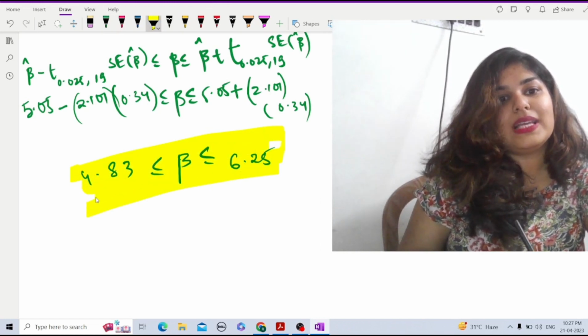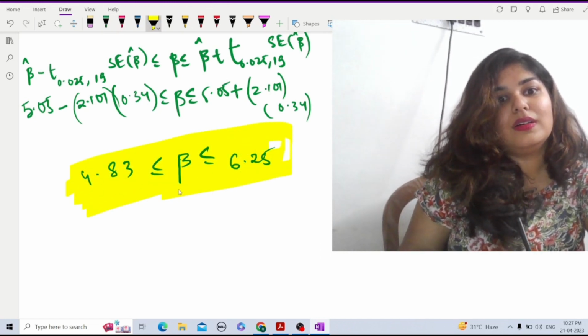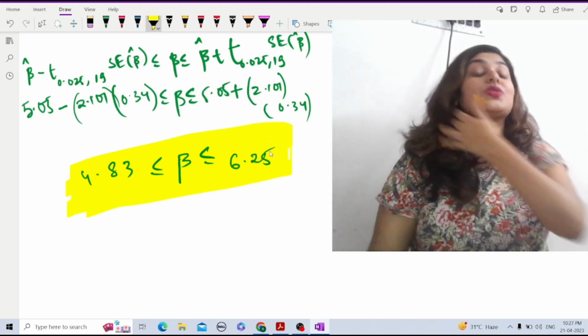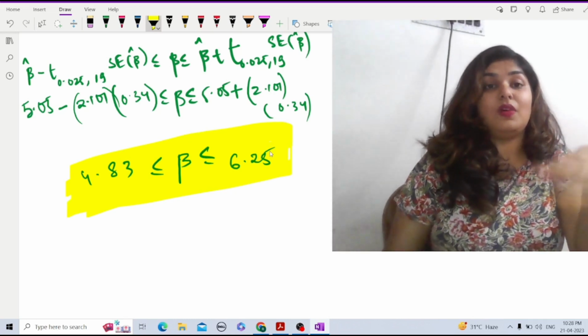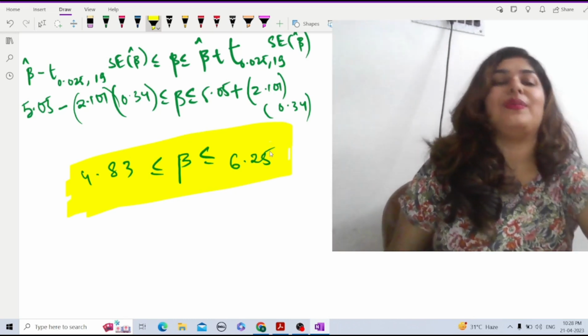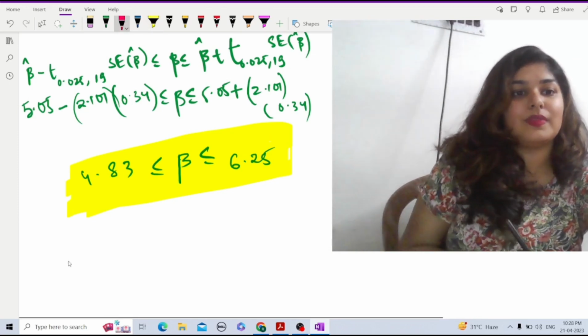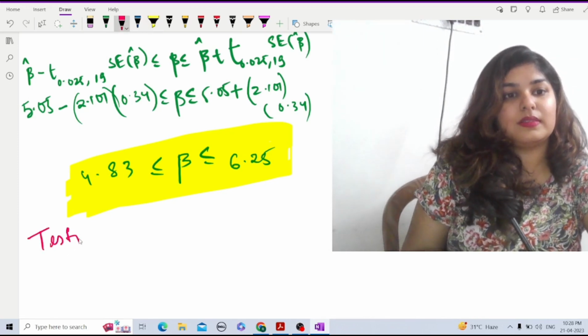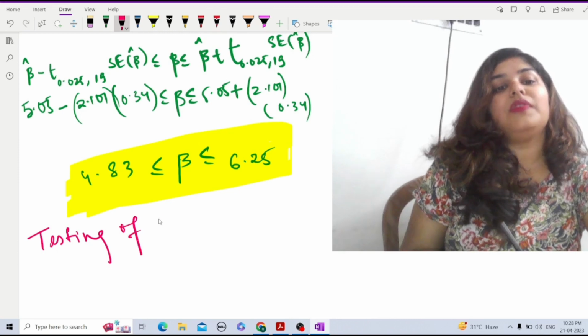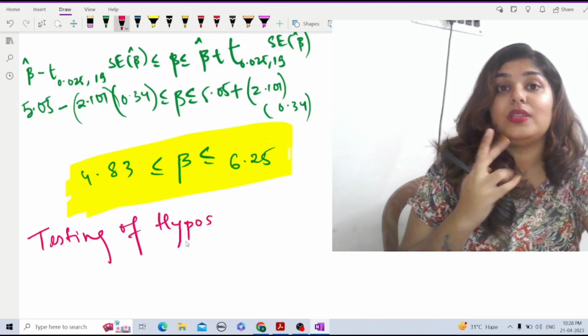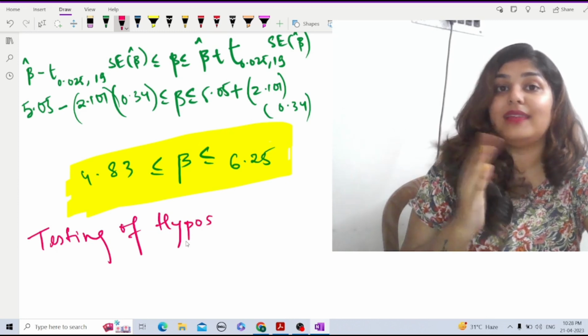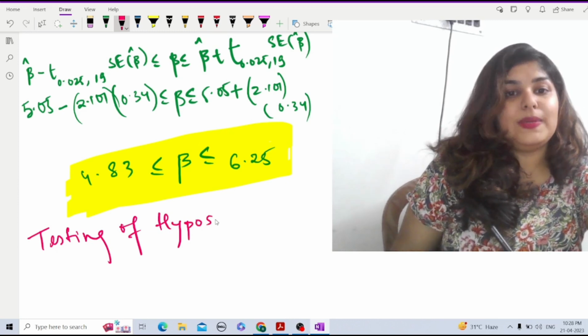So now we have to test whether the value of beta is in the acceptance region or not. For that we are going to do the last step of this problem, that is testing of hypothesis. What are we going to test here? We are going to test whether there is any dependency between the two variables, x and y, that is the independent and the dependent variable.